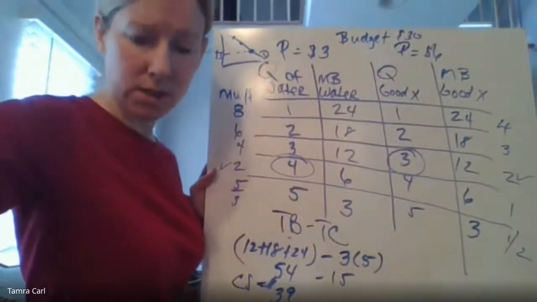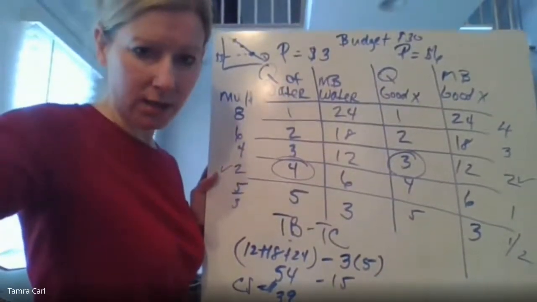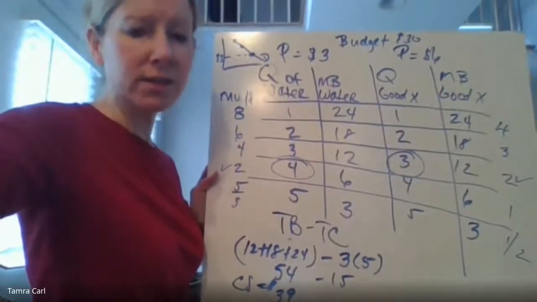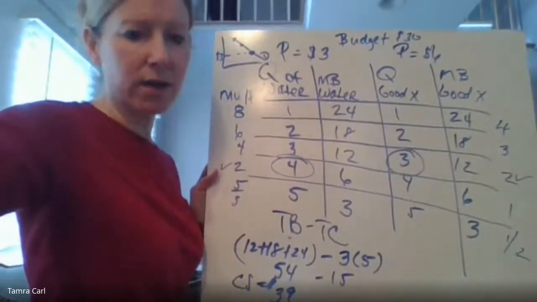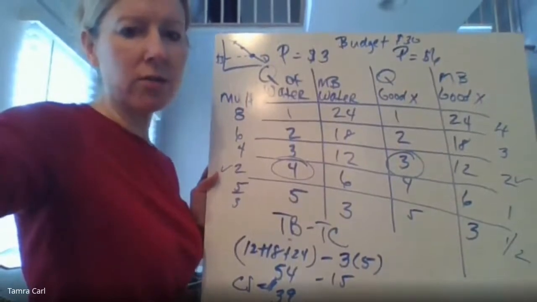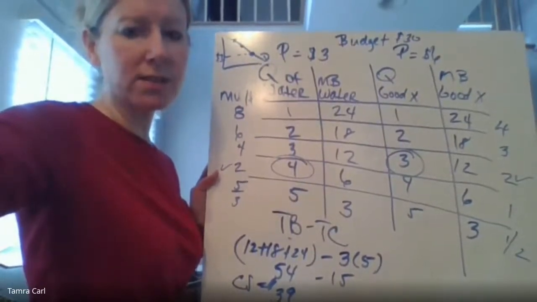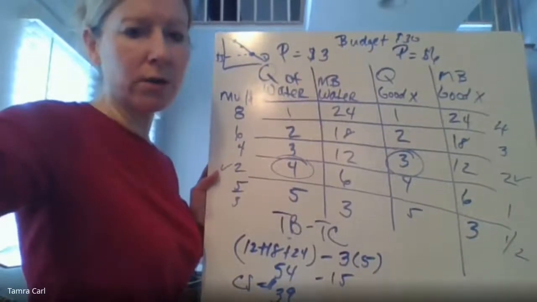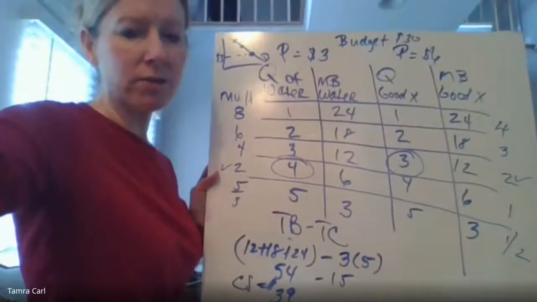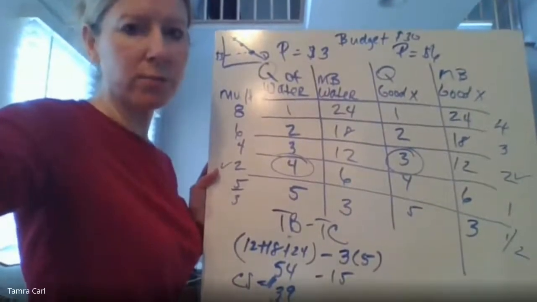I just want to see, was there anything else that they asked on here? They said that if the price of the unit of good X drops down to $3, calculate the cross price elasticity of demand for water with respect to the price of good X and state whether the 2 goods are substitutes or complements.